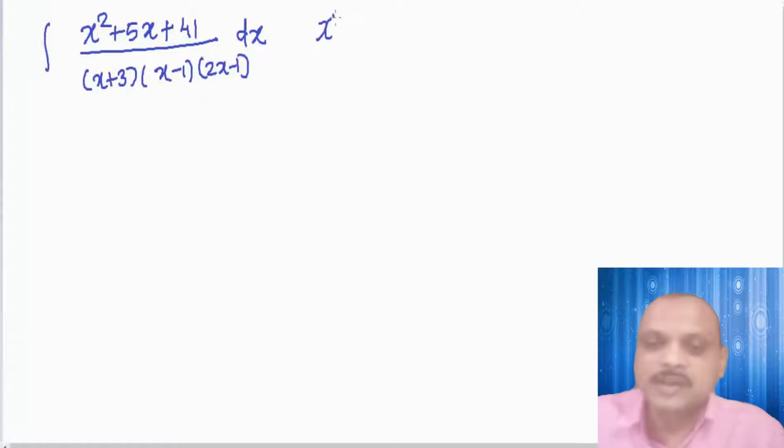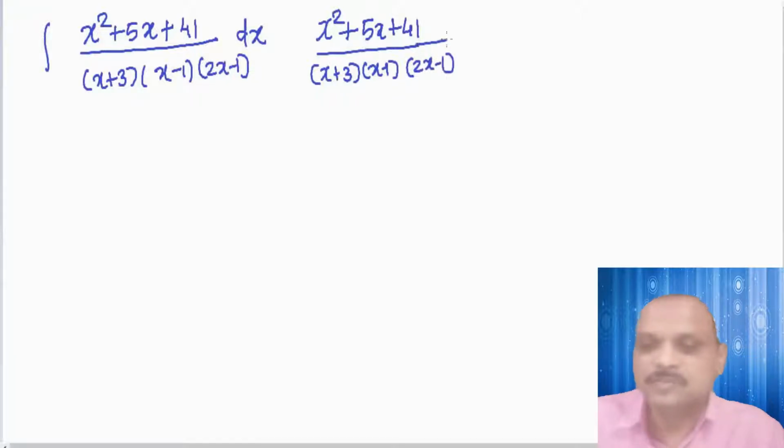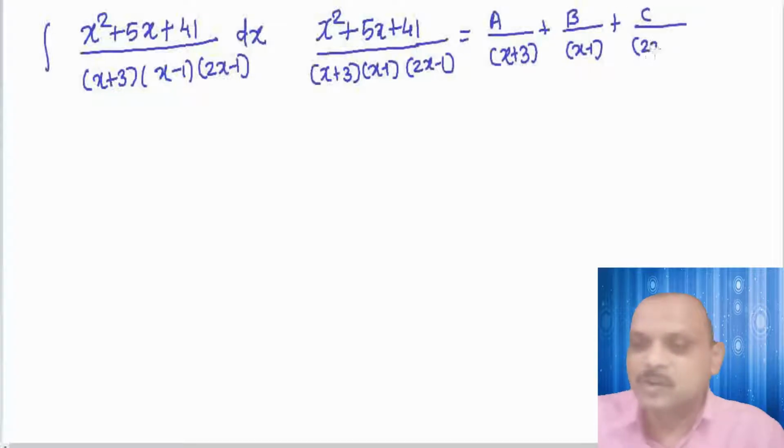Here we directly write x square plus 5x plus 41 divided by x plus 3 into x minus 1 into 2x minus 1 equal to A divided by x plus 3 plus B divided by x minus 1 plus C divided by 2x minus 1, since for each factor we have one term.